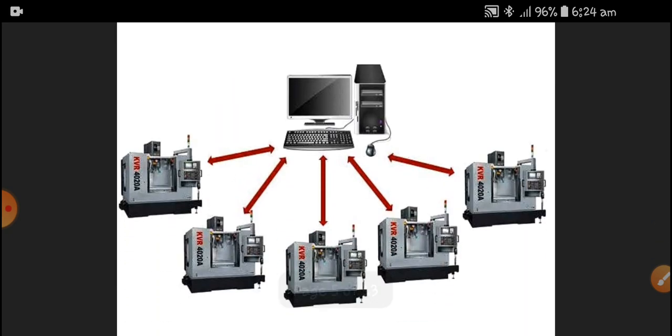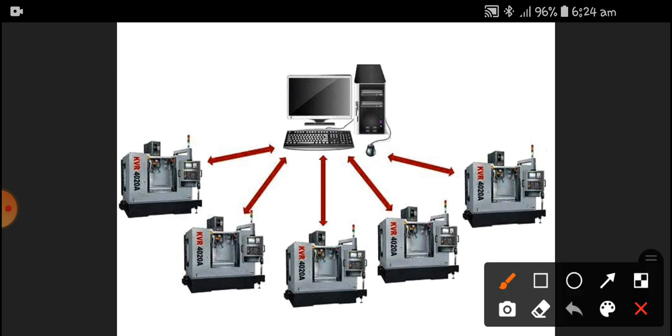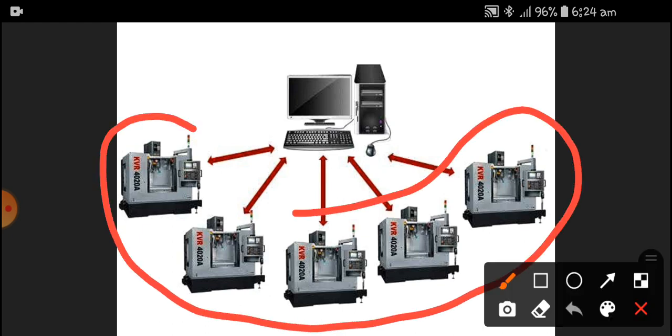Next is direct numerical control, called DNC. In CNC, only one computer controls one machine. Here, several machines are controlled by a single computer.